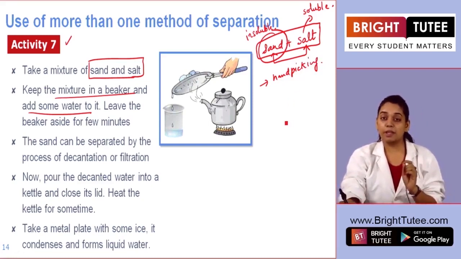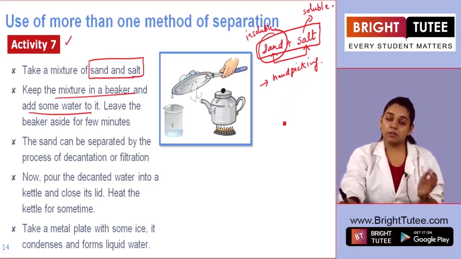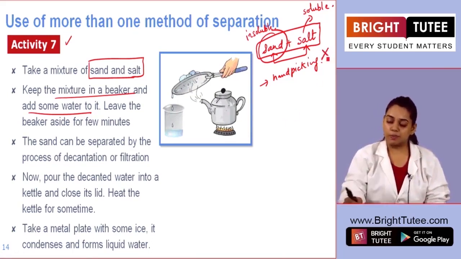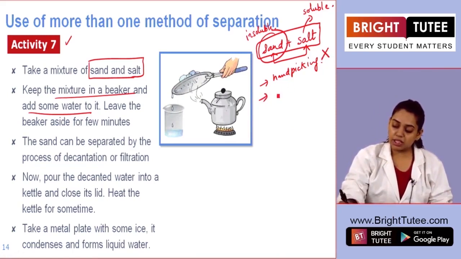Is it even possible to pick the salt from sand? No, we cannot pick the sand or salt from this mixture because the particles are very small and each and every particle cannot be hand picked. So this process is ruled out. Then we have discussed sieving.